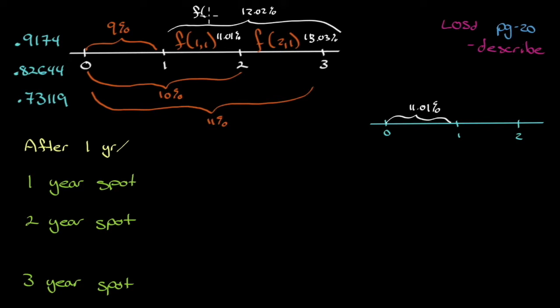This is F12. So the R1 will now be 11.01%. This 2-year spot rate, since we're here now, will be the F12. This will be 12.02%. And this over here, this F11, that's what this is, will now be what F21 was, which is 13.03%.